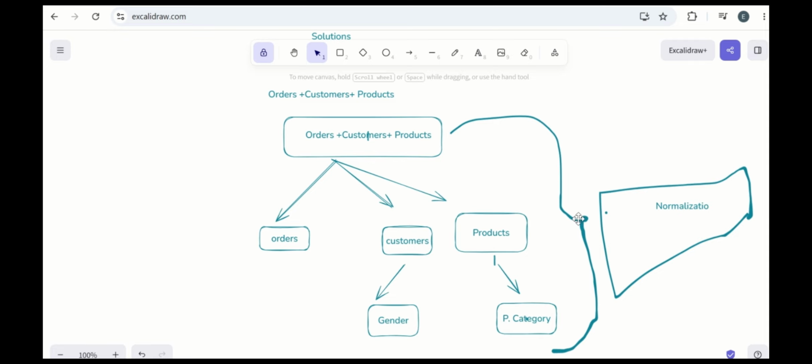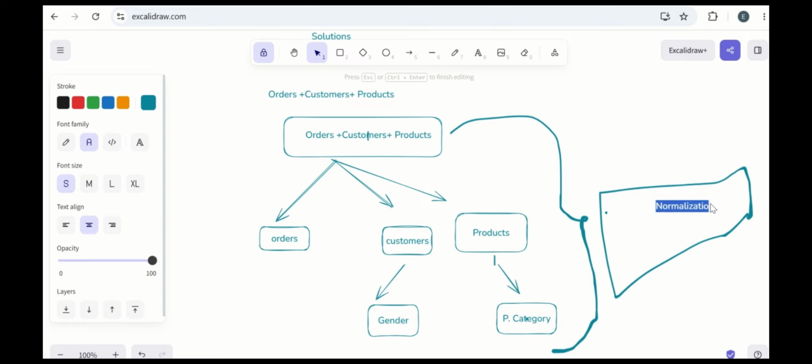So this process of breaking down the larger table into smaller tables so that we can reduce redundancy is what we call normalization.